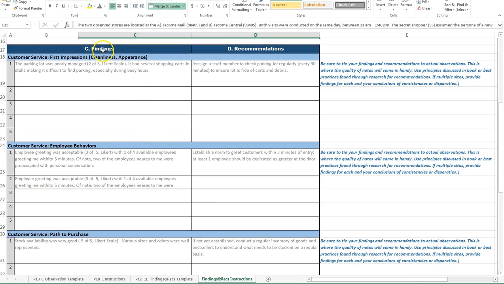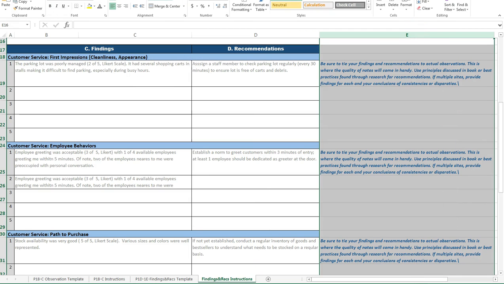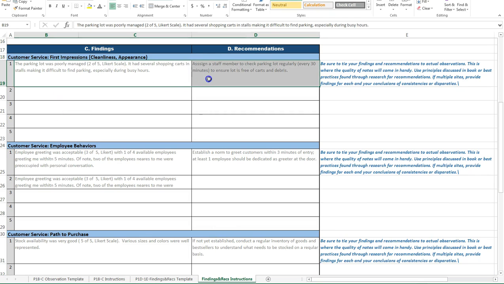Now, in Project 1, C and D, and remember in sections C and D, you'll want to, again, pay attention to the instructions here on the side, your prompts. Now, I've given you in these gray letters a sense of what to write, or how to write it.